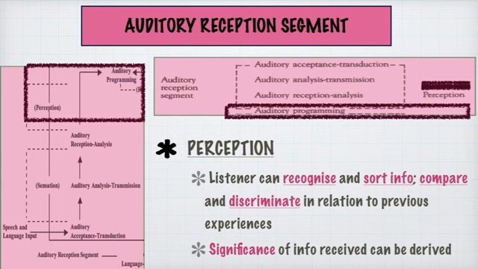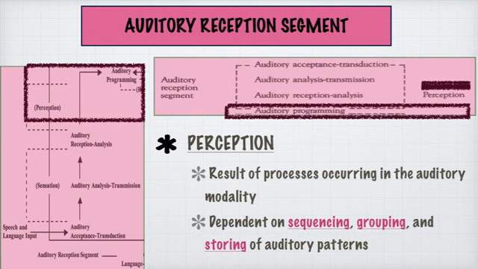Therefore, at this point, maka-compare na siya and discriminate based from past information. Also, this is the part na significance of info received can be derived, no? So, it's a result of processes occurring in the auditory modality.